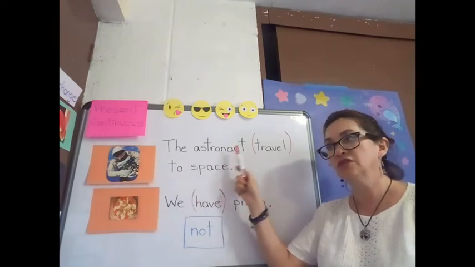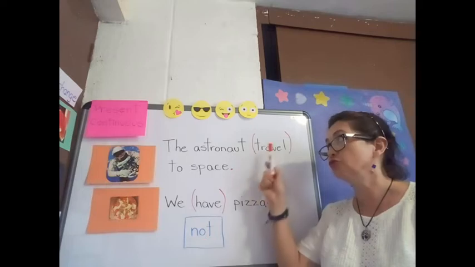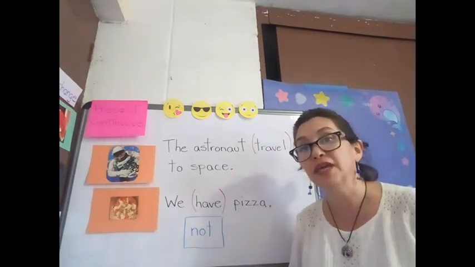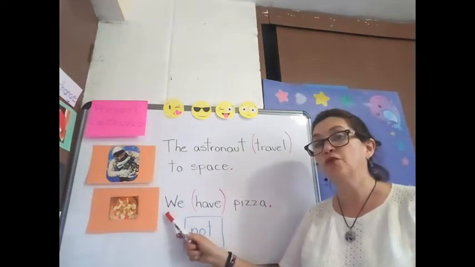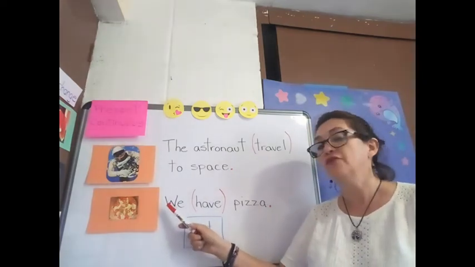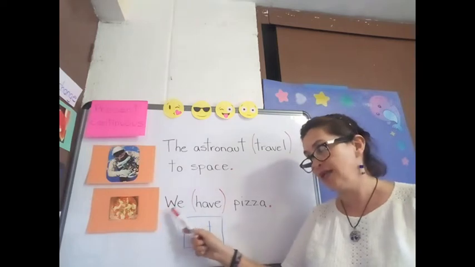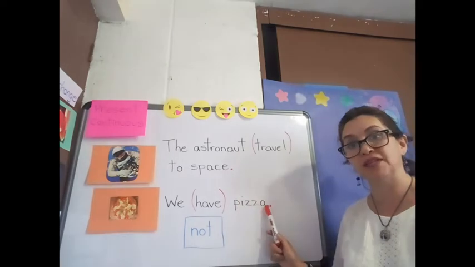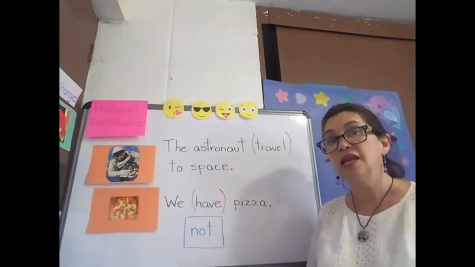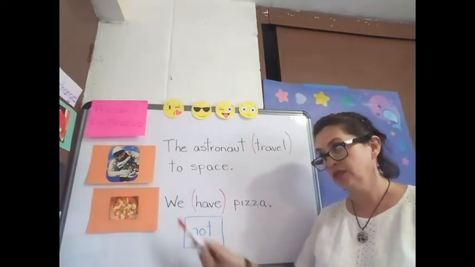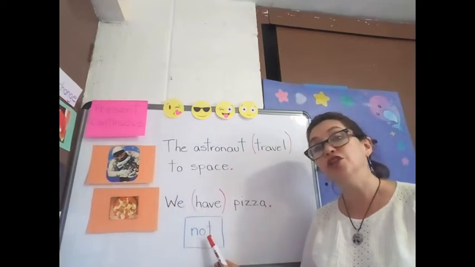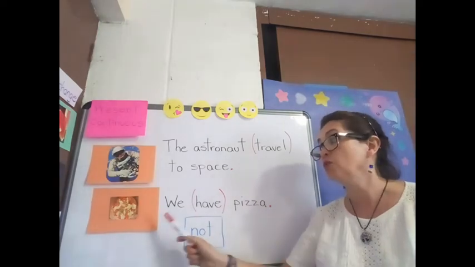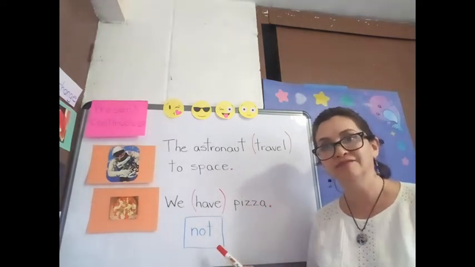Now let's make a negative sentence for the second example. The affirmative sentence was, we are having pizza. Let's make it negative. We are not having pizza. We aren't having pizza. We are having a hamburger.